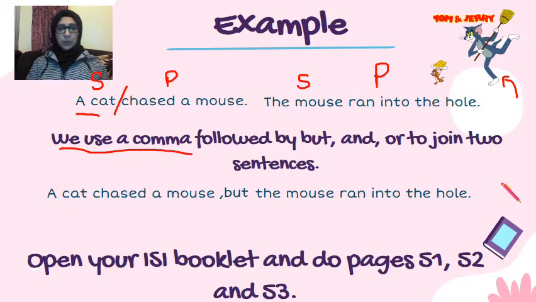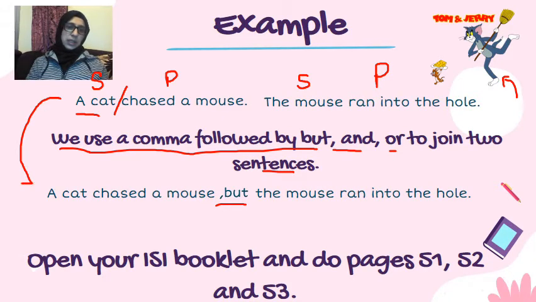We have to use a comma followed by and, but, or to join these two sentences. Which coordinating conjunction can best fit in this sentence? It is but. How do I join two sentences to become one sentence? A cat chased a mouse, comma, but the mouse ran into the hole.